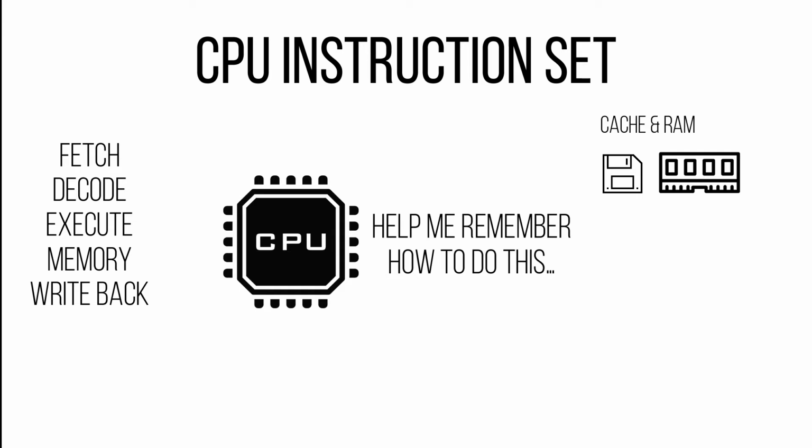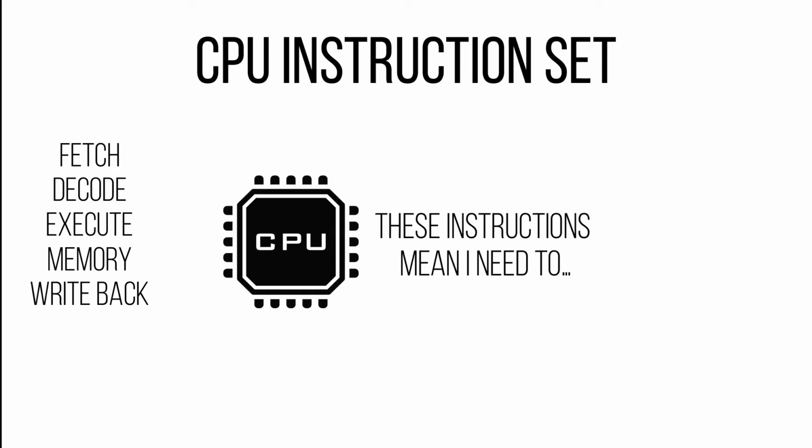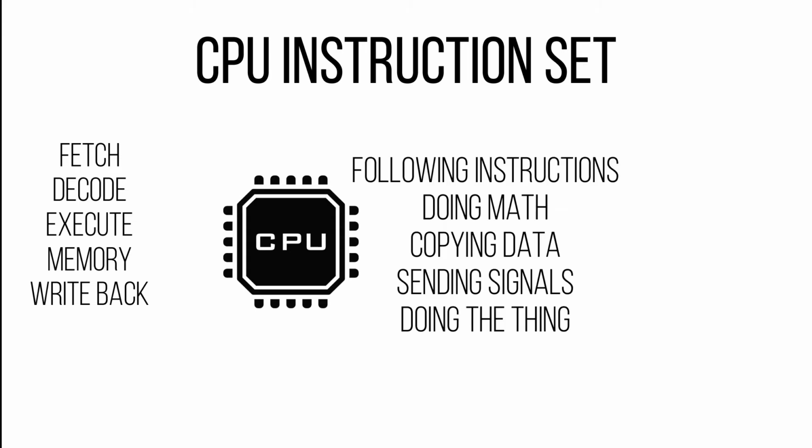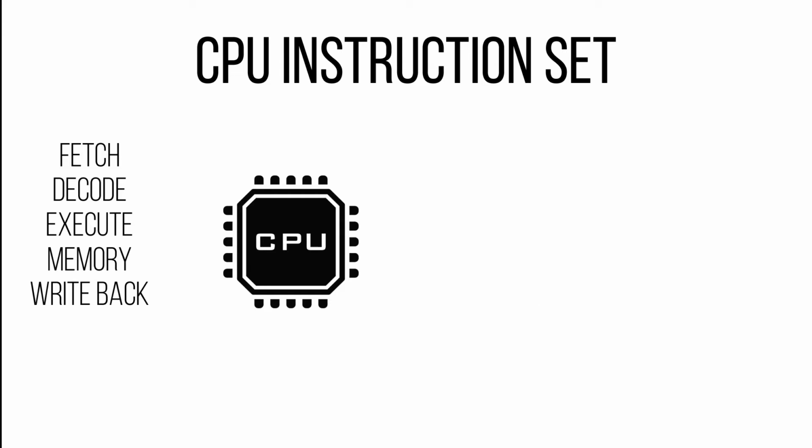And then once it has those instructions on how to do that, it'll decode them, meaning it'll get the appropriate variables needed for execution of the instruction. Then what it'll do is actually do the instruction, so it'll compute the result of the instruction. And then in these last two steps it'll do memory and write back.